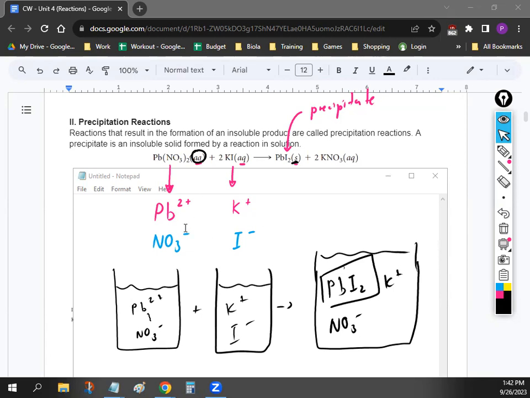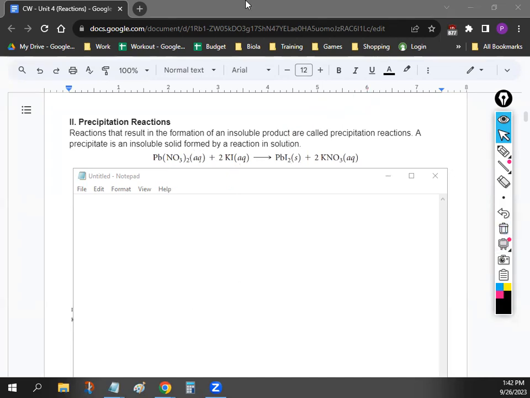Is Pb the precipitate because it's heavier? Not necessarily, no. Again, that's beyond the scope. We'll talk about that later. For now, I'm going to give you some rules for how to figure out something that's a precipitate. But does this make sense why a precipitate forms? Okay, just want to make sure about that. You guys are jumping way ahead of me still. So that's how precipitates form.